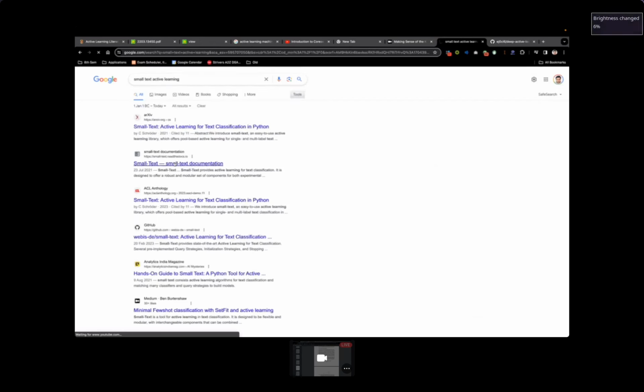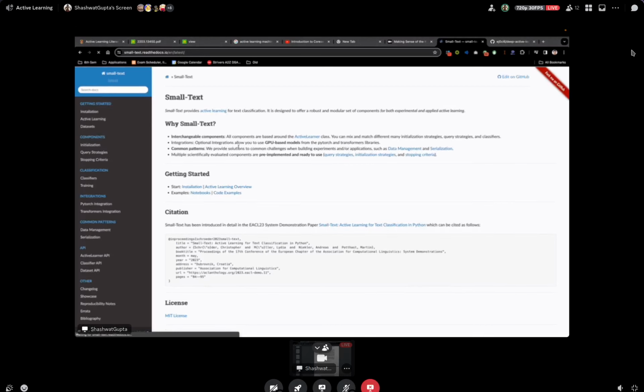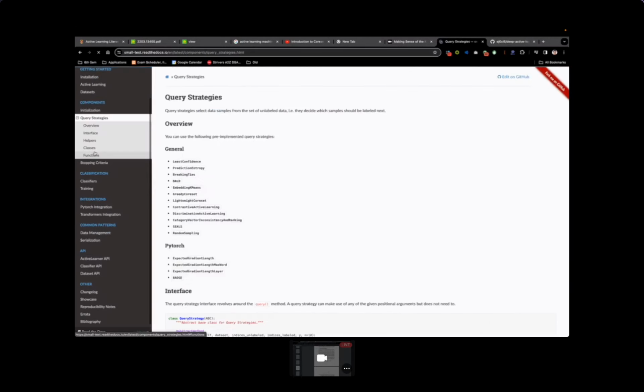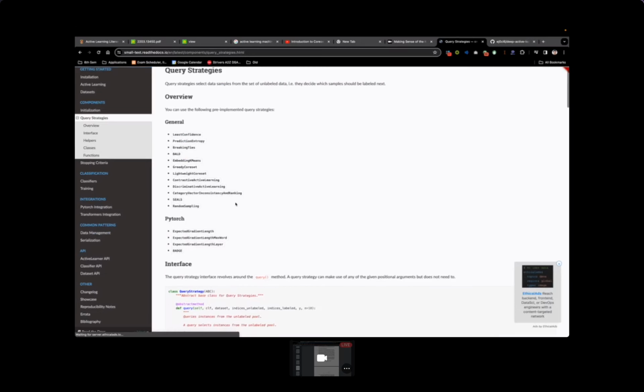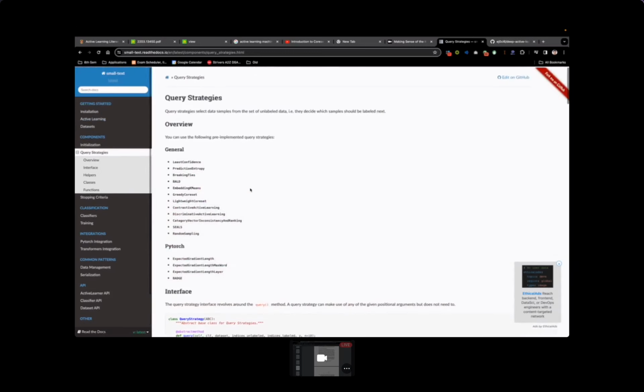This is also very helpful, and it is a very good one for natural language processing. You can have a look at this also, and there are query strategies implemented. Some of them are really advanced. For example, BADGE, SEALS, discriminative active learning, contrastive we discussed, but category vector inconsistency and ranking, all those things. So they are really helpful.